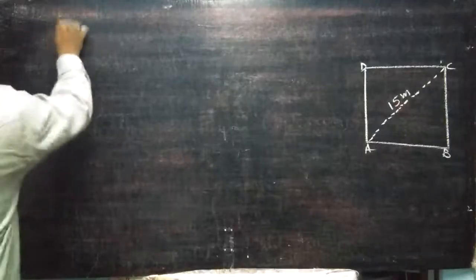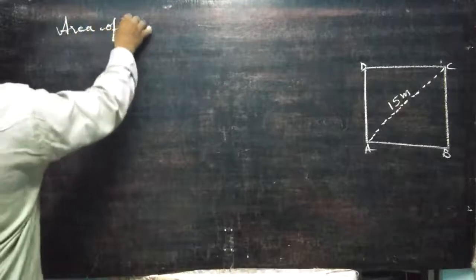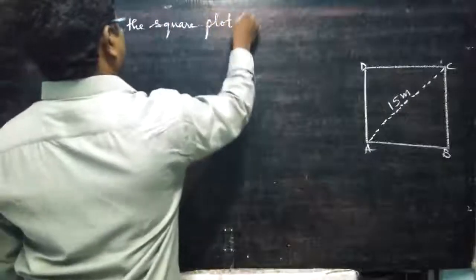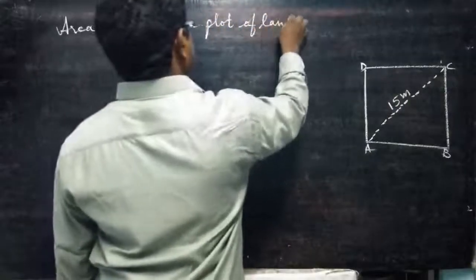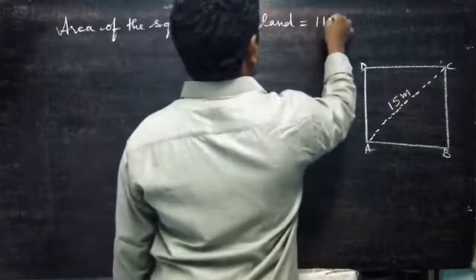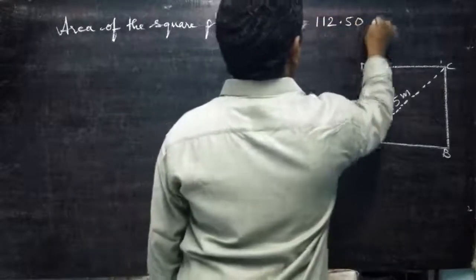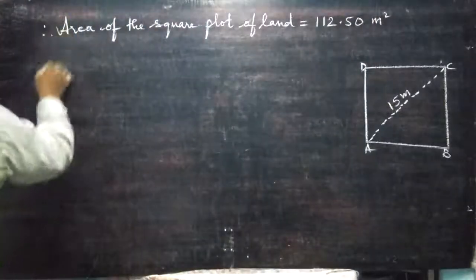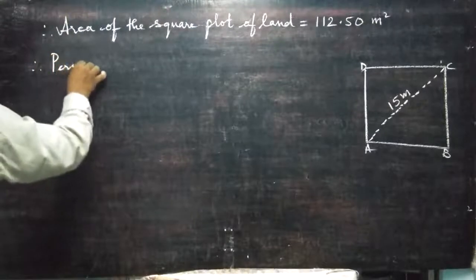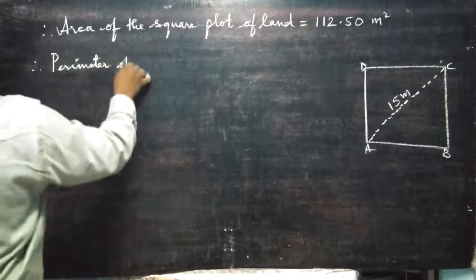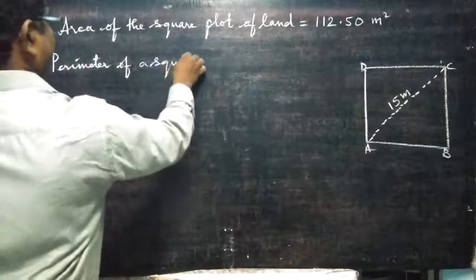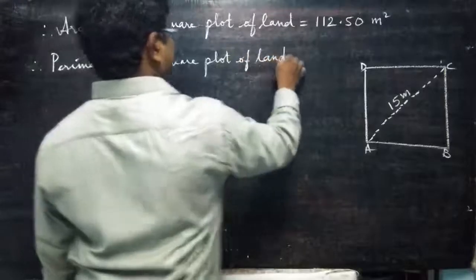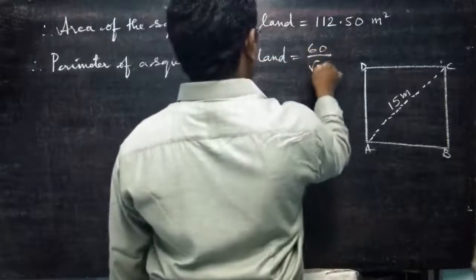Now we got the area of the square plot of land as 112.50 square meters, to 2 decimal places. Therefore, next the perimeter of the square plot of land. How much did we get? 60 by root 2 meters.